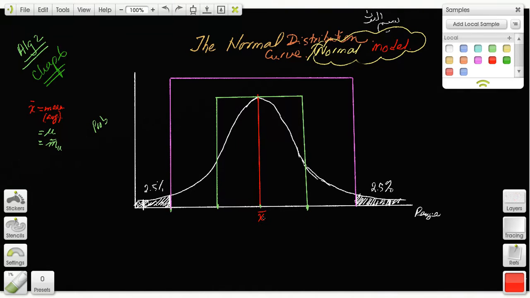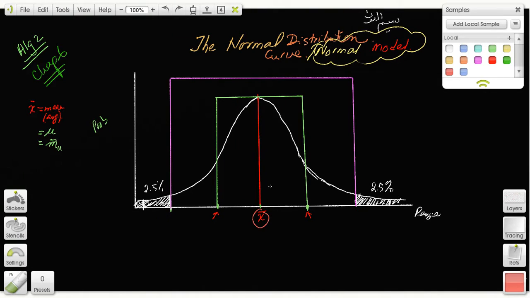You take the mean, which is the middle of the graph, and in a normal curve the mean and median are all the same. If you move one standard deviation from the mean, you get this. So this is one standard deviation on each side, and from the mean this would be two standard deviations away, and this would be two standard deviations away.